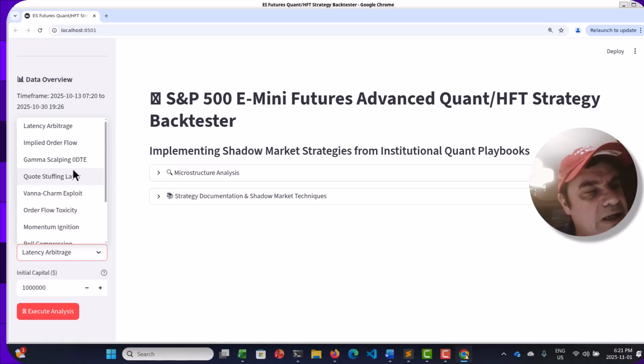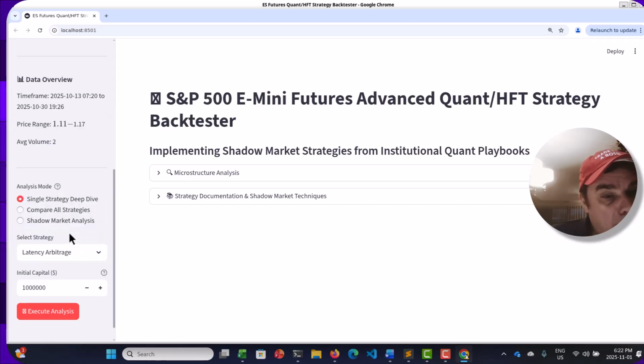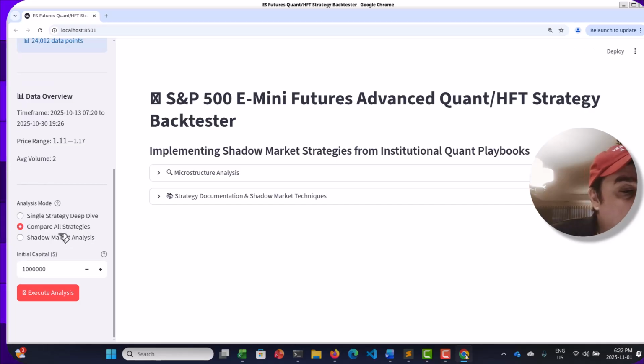It's going to try to rebuild that based on the data. So it's not going to be 100%, but the purpose is that everything's equal, all is constant, so you'll be able to get an idea of what strategy works best for all of these demos I'm going to show you. Our first one is to compare all strategies.